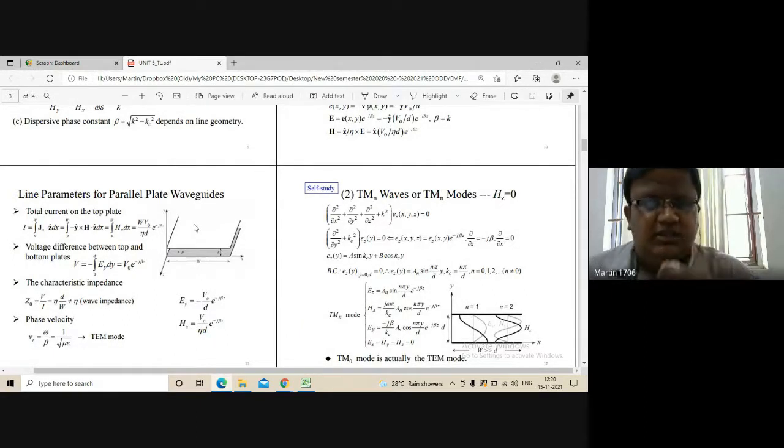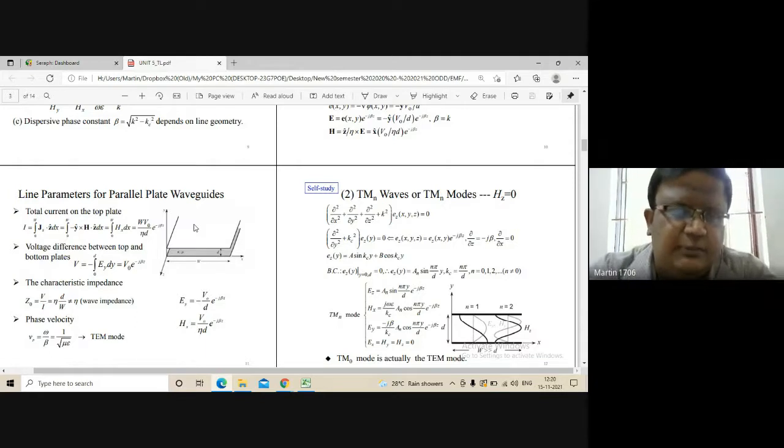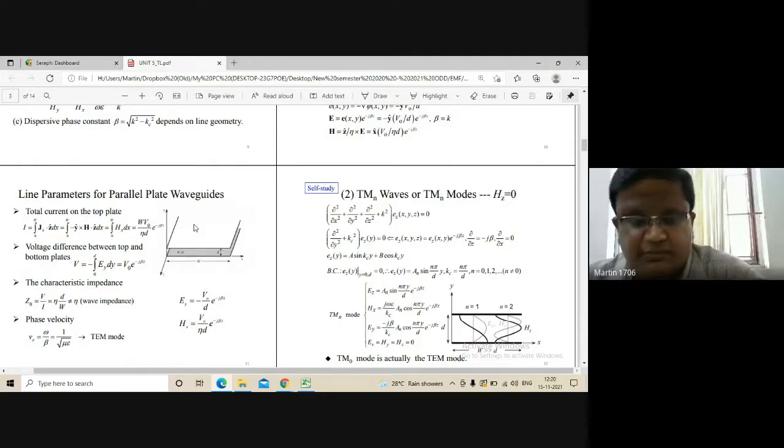It is just the procedure, and what all the matrices are to be calculated for each case is given. For the parallel plate waveguide, the line parameters are calculated like the total current, no voltage difference from top to bottom, the characteristic impedance and the phase velocity.